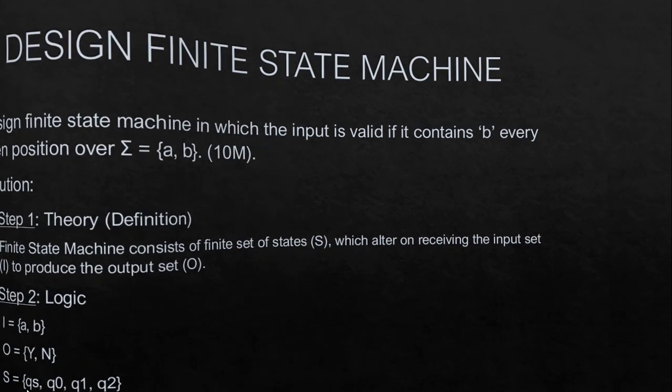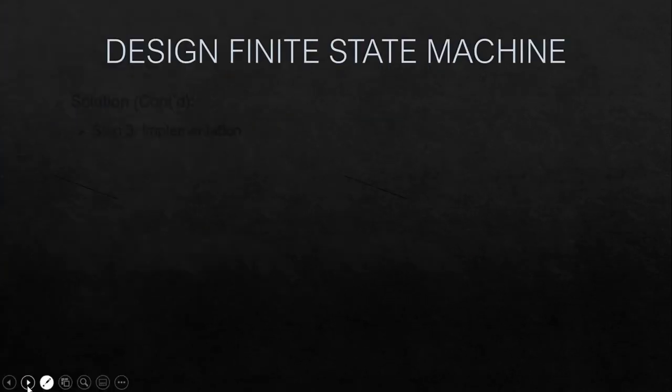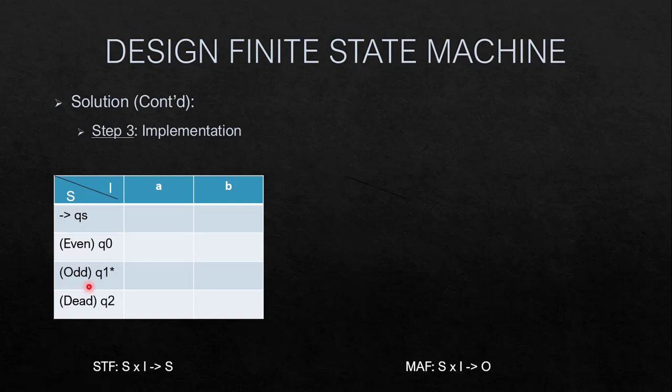Let's check out the state transition table so that we get to know what we mean by finding that every even position is having B in the given input string. When we say every even position, there are going to be some positions of our input string. So when we count, this is 1, this is 2, this is 3, 4, 5 and so on.